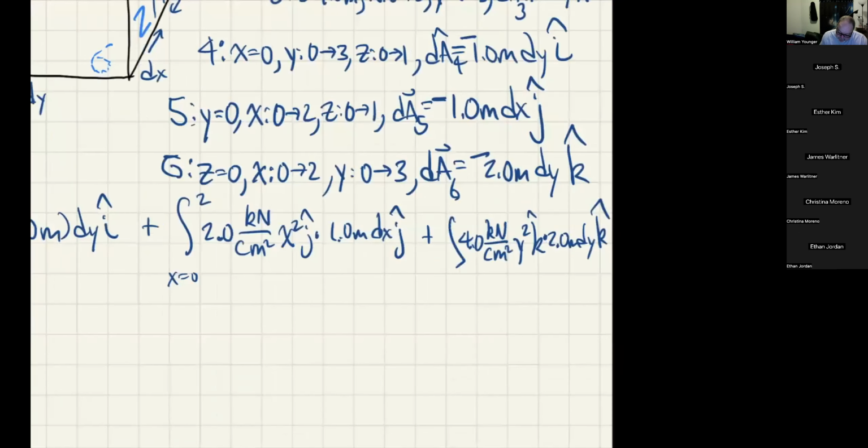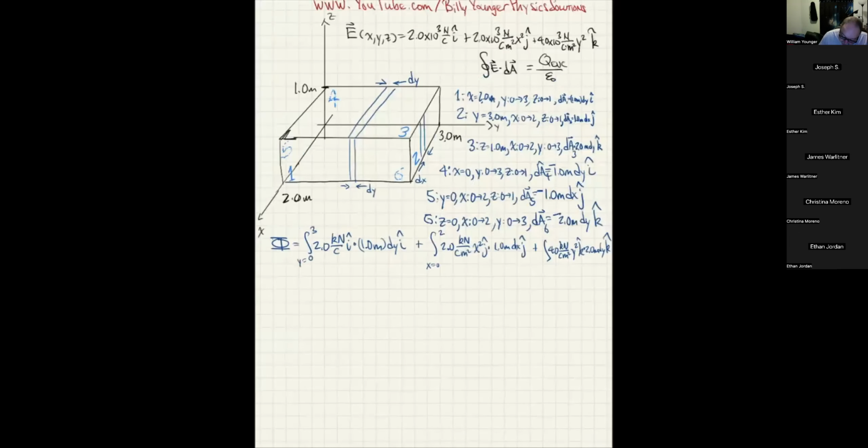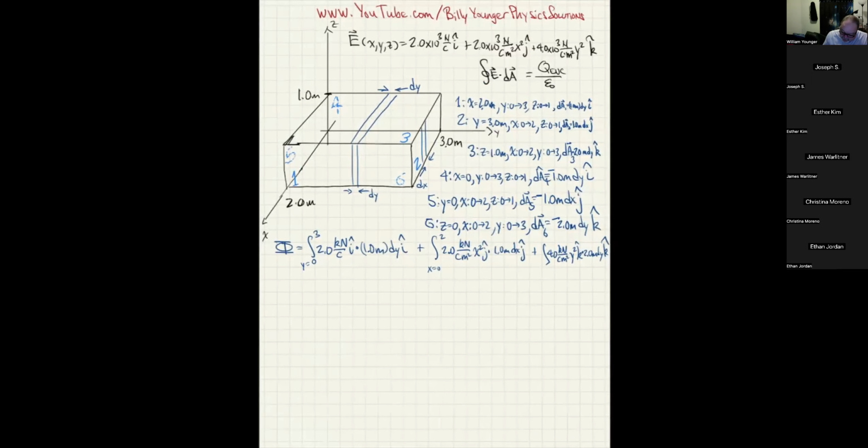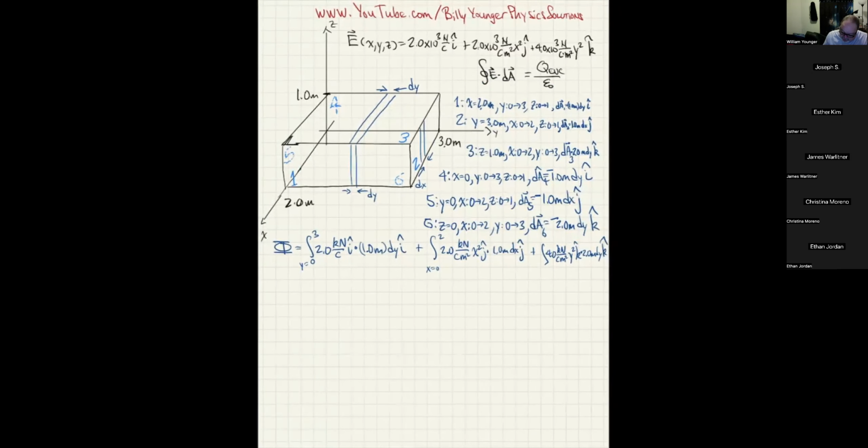The main thing that you're trying to see here is that, remember, I've told you over and over again, the dot product is a linear operator. So in this first integral, the 1.0 meters times dy, I can pull that completely out in front of the other integral because it's just linear. And not only that, the 2.0 kilonewtons per coulomb, that's just a constant too. So if I multiply 2.0 kilonewtons per coulomb times 1.0 meters, I'm just going to get 2.0 kilonewton meters per coulomb.